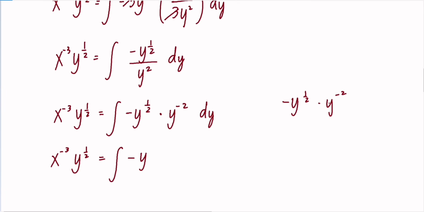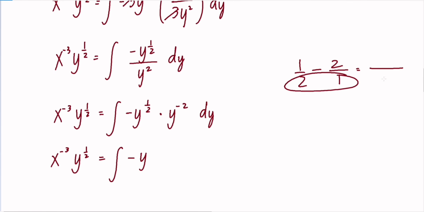So, ibig sabihin, pwede yang maging negative y raised to 1/2 minus 2. So, i-add natin yung exponent nila, 1/2 plus negative 2 or minus 2. So, over 1 to. Ayan. So, add natin or minus natin. 2 times 1 is 2. 1 times 1 is 1.